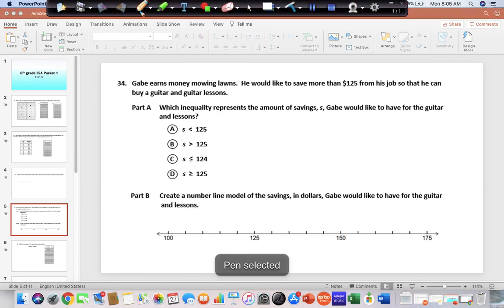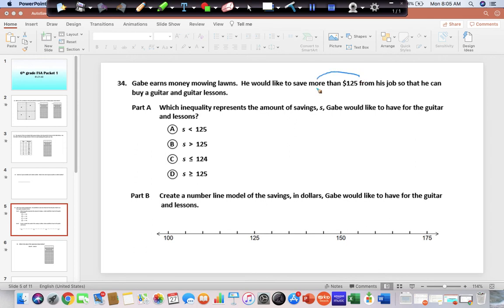Okay, number 34. Gabe earns money mowing lawns. He would like to save more than $125 from his job so that he can buy a guitar and guitar lessons. Which inequality represents the amount of savings S Gabe would like to have for the guitar and lessons?